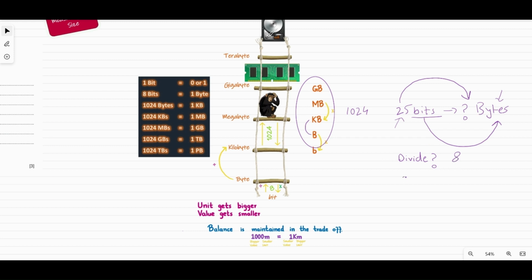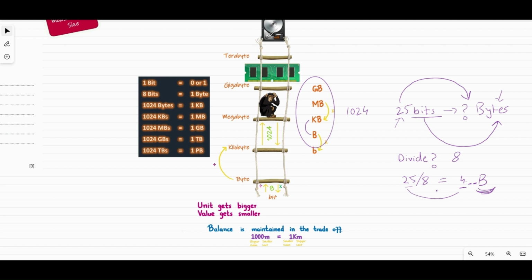So 25 divided by 8 is equal to some bytes. 8 fours are 24, so 4 point something bytes. The unit has gotten bigger, which is byte, but the value has decreased from 25 to 4.